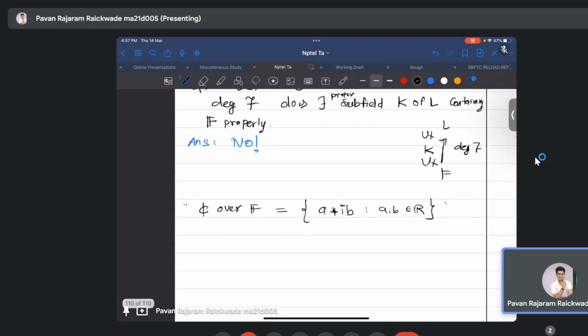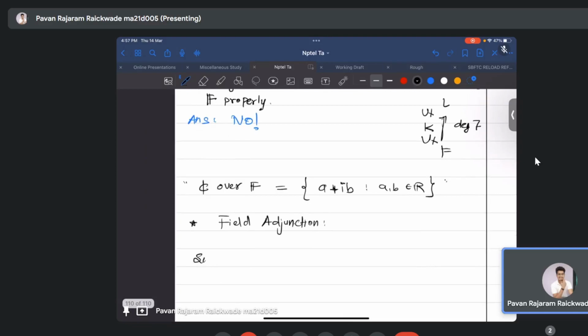There is something called field adjunction. So what is this?